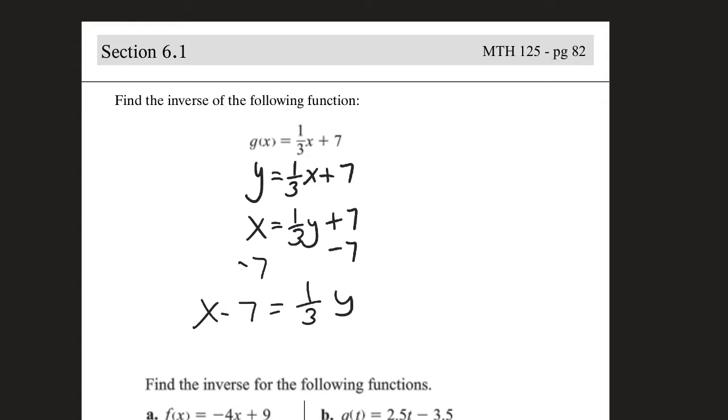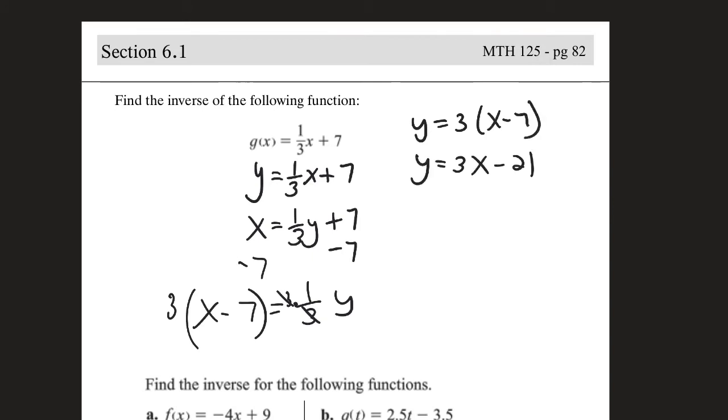If I want to multiply both sides by 3, that will allow me to cancel out that 1/3. So I have y equals 3 parentheses x minus 7. I can distribute and have 3x minus 21. And then the last thing I would do is write this in proper inverse notation to show that I know what I found was the inverse of our original function g of x.